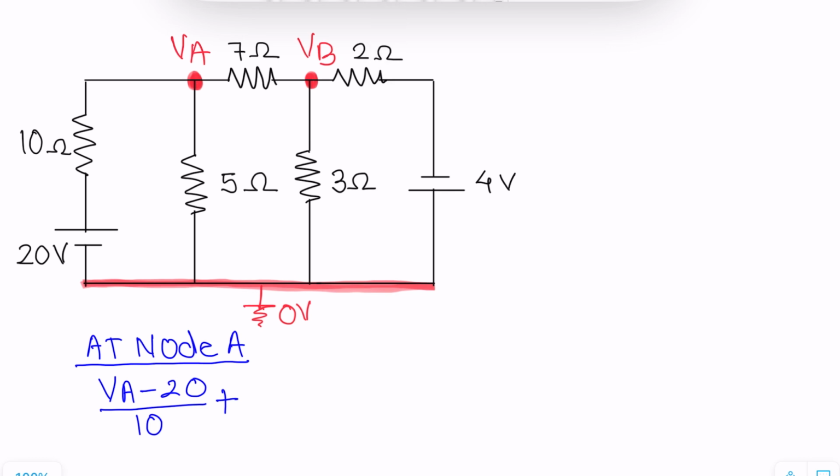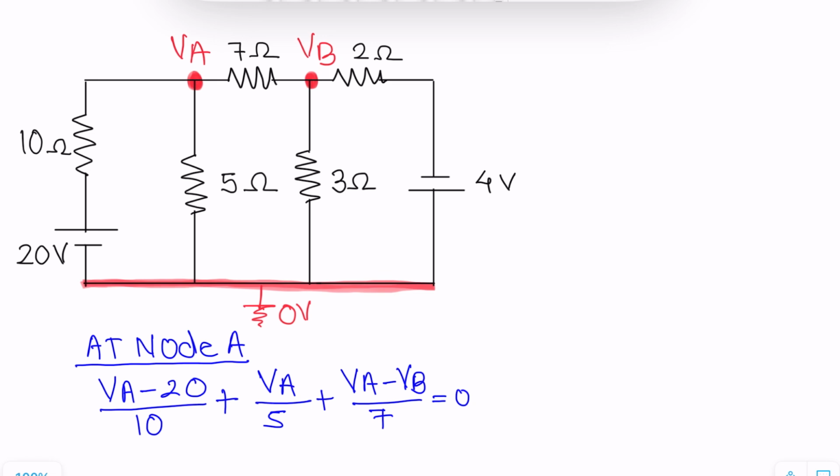Next current at node A, starting at point A, ending at point 0 and divided by 5 ohm component. VA minus 0 upon 5, plus third current at node A, starting at node A, ending at node B, divided by 7 ohm component. So VA minus VB upon 7 is equal to 0.